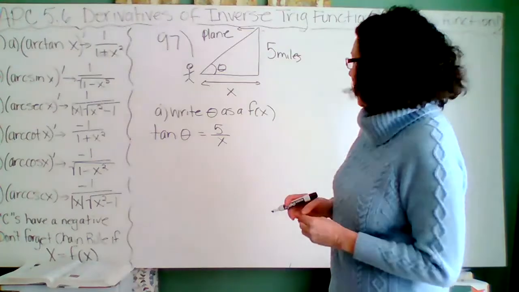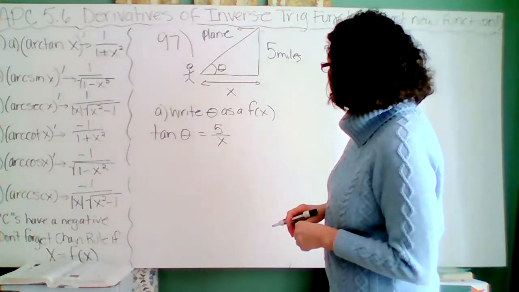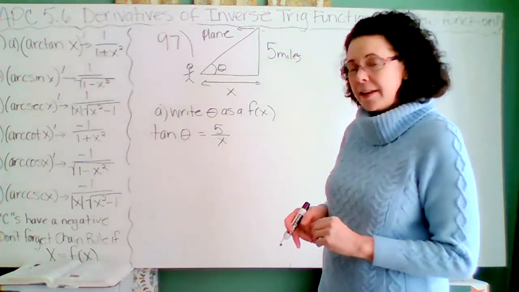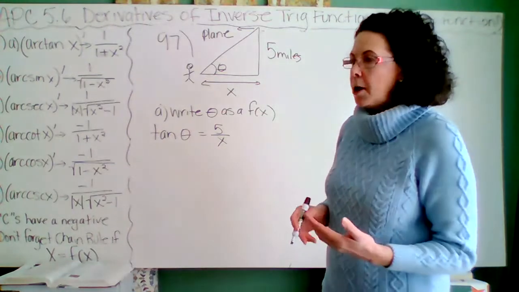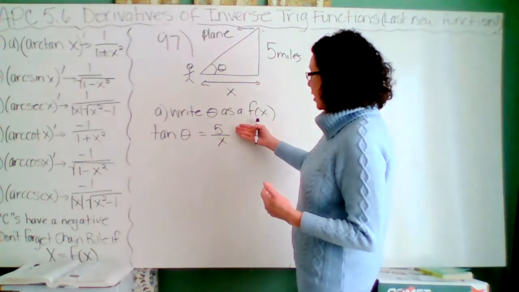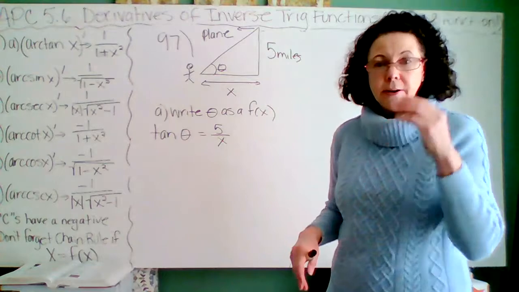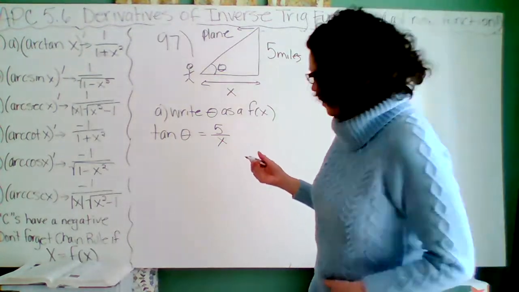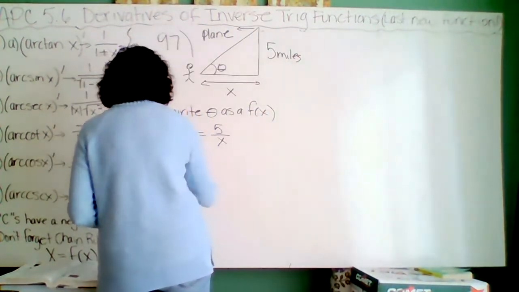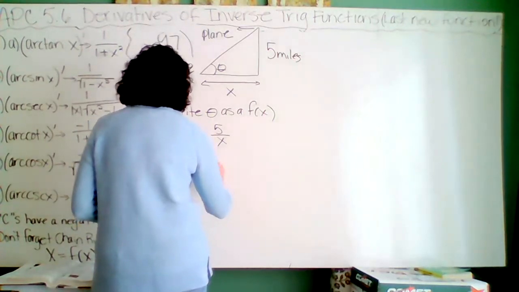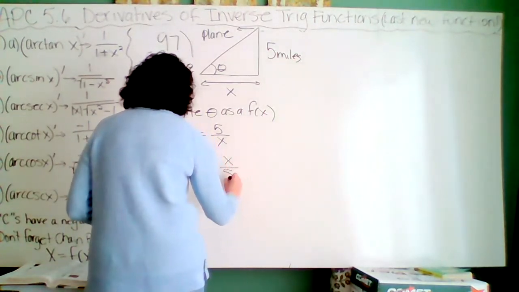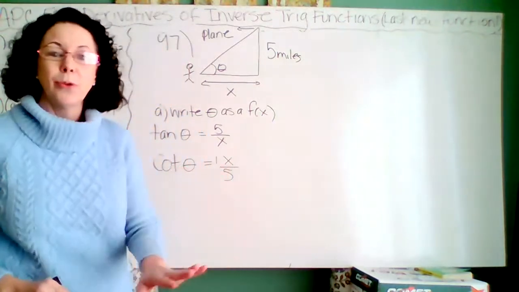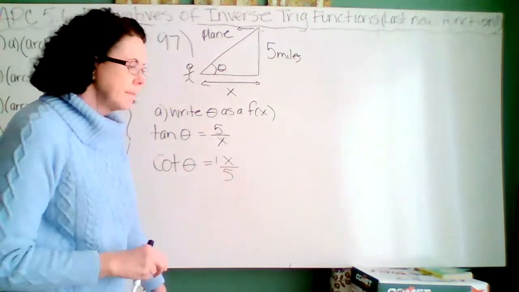Because I don't really like this 5 over x. Can I go ahead and do the derivative of that? Maybe, but at the same time, I think that I'm much better with an x in the numerator and a 5 in the denominator, right? In other words, instead of tangent, I think what I actually want to use, and we don't use it really all that much, is cotangent, right? Because this is really 1/5 of x. I am really good with that derivative, okay?